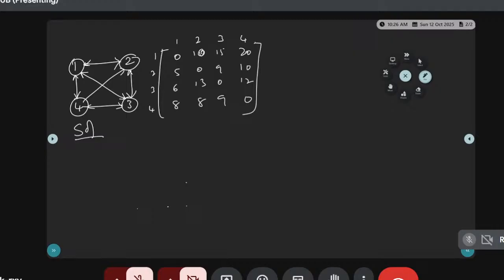Initially there is the cost between 1 to 1, 2 to 2, 3 to 3, 4 to 4, which is 0.